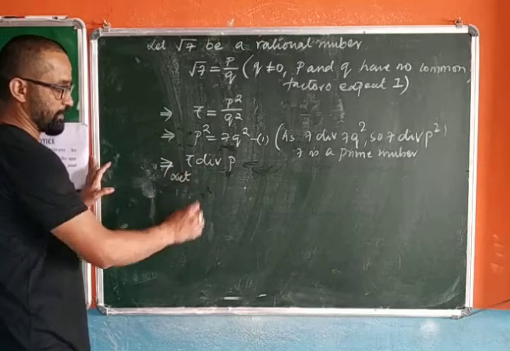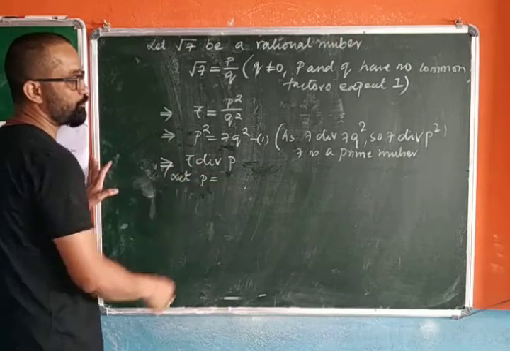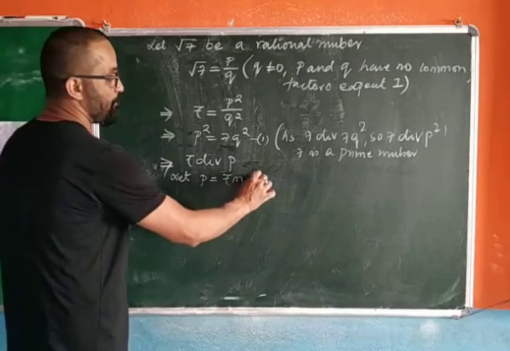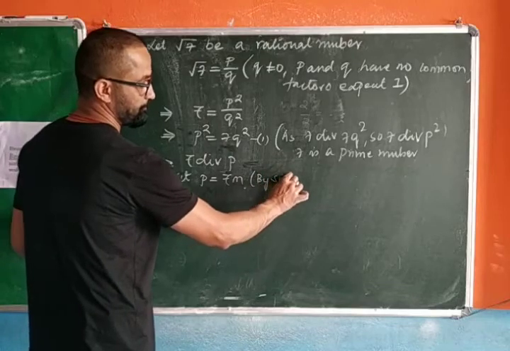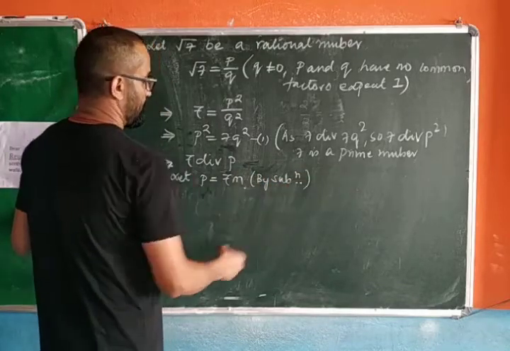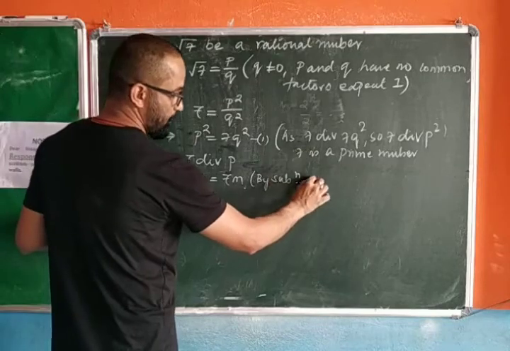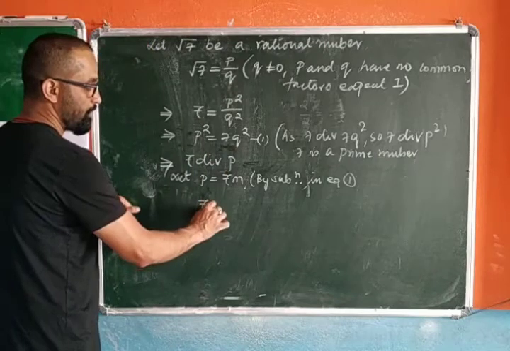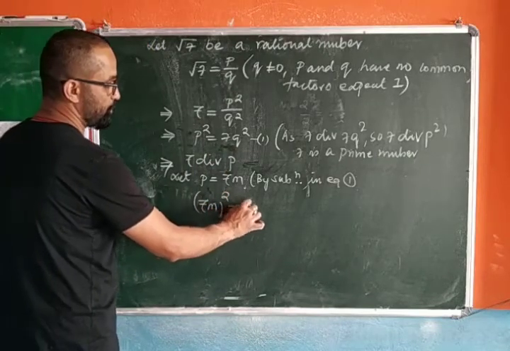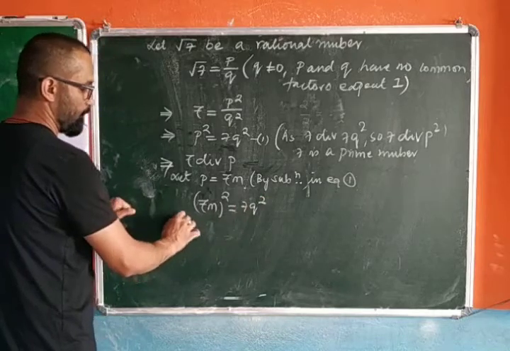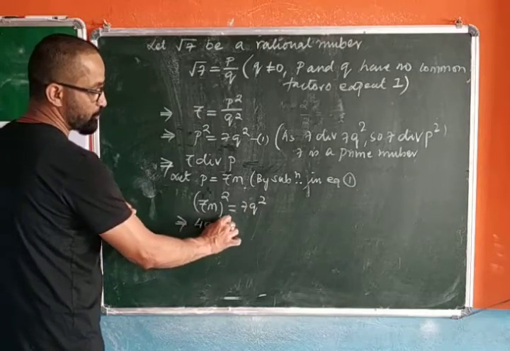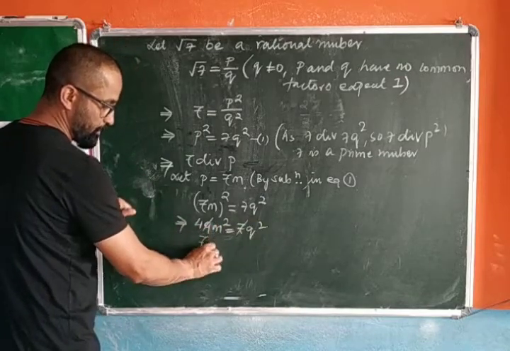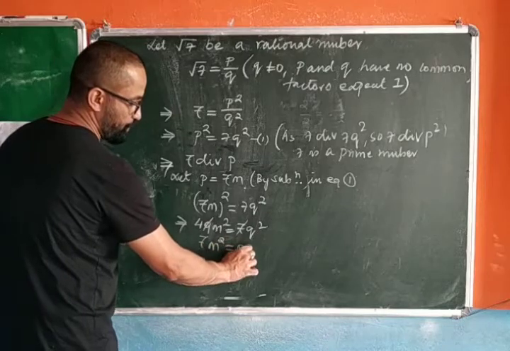Second assumption: let p be equal to 7m, by substituting in equation 1. We substitute here. 7m whole square is equal to 7q square, which gives 49m square equals 7q square. Cancel this: 7m square equals q square.